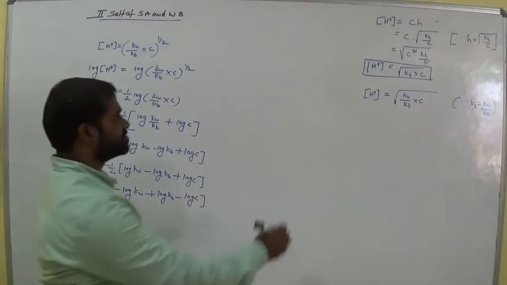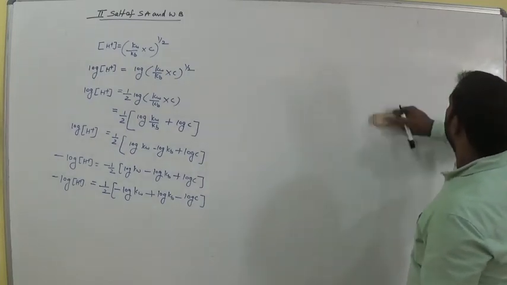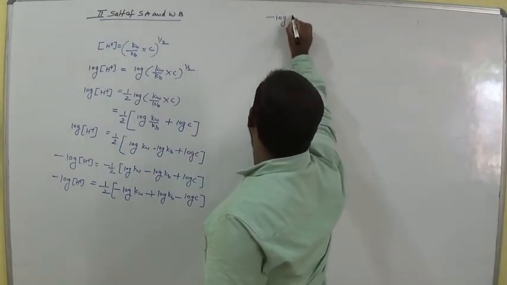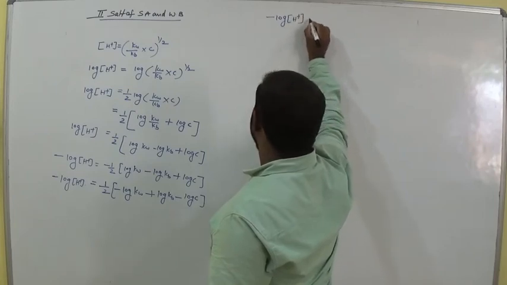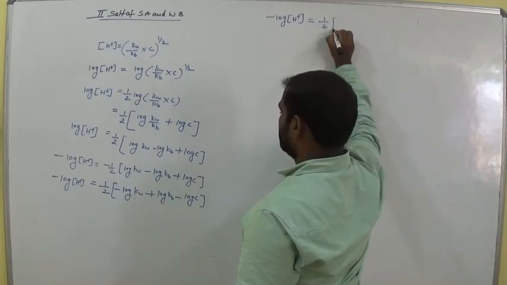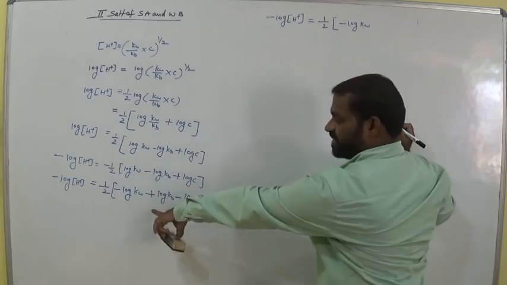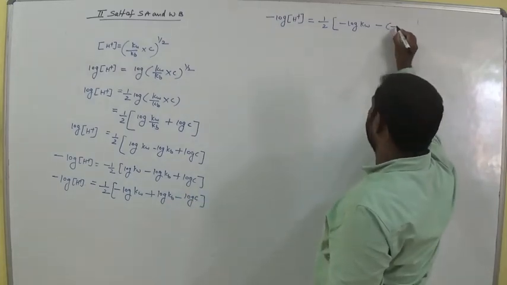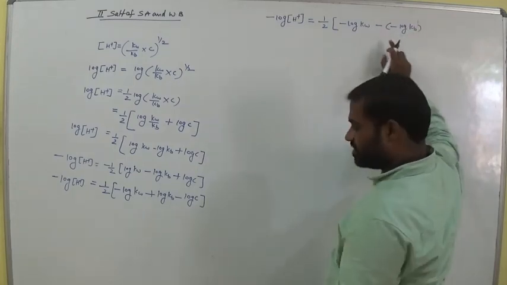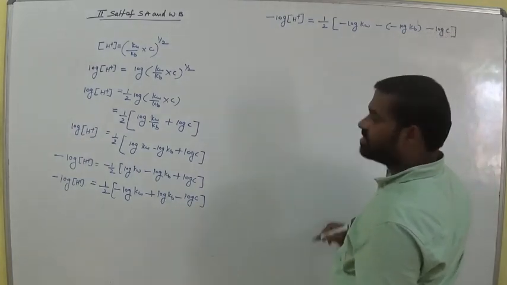Clear? Now from that expression finally, minus log H plus equals minus log KW. Now can I write this expression as minus of minus log KB? Minus into minus again is plus. Plus minus log C. Clear?